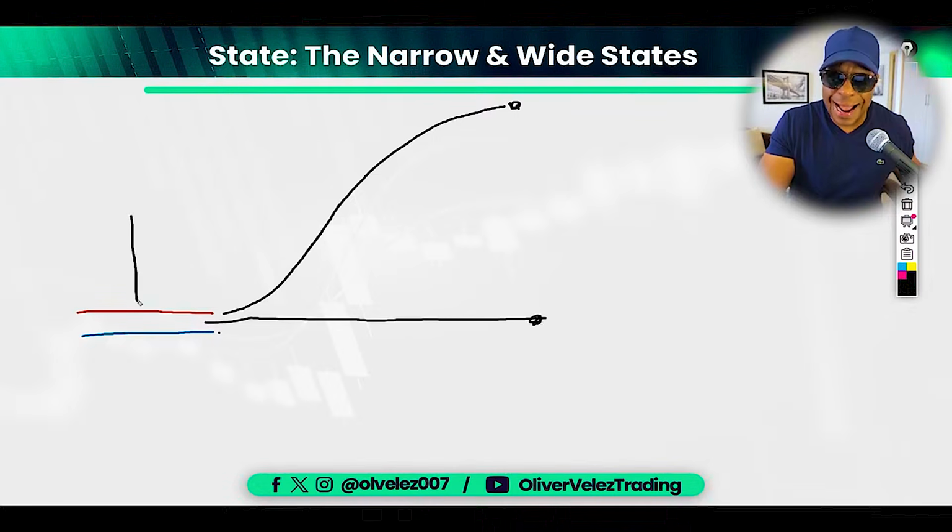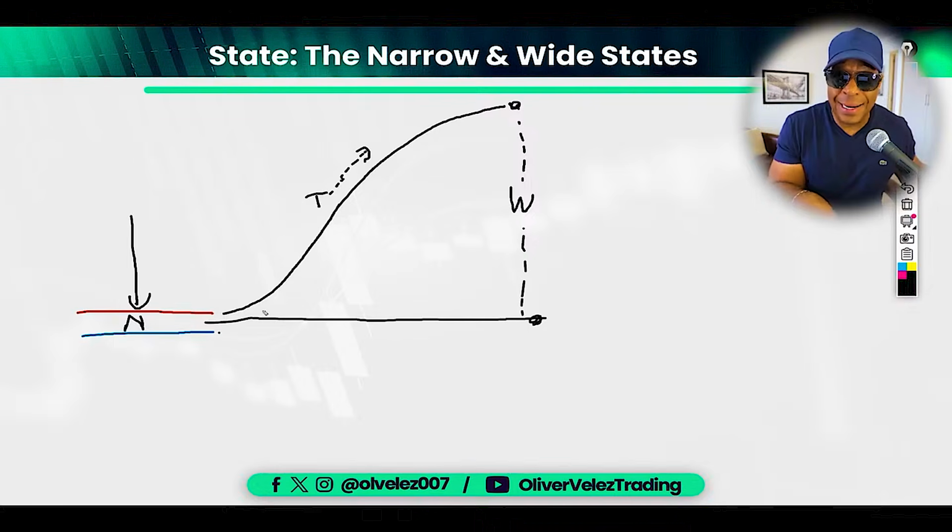So here's your narrow state, narrow. Here is your wide state. And here is your trending state. Okay, so you've got these three states, right? Narrow, tight, narrow state. Trending state leads to wide state.